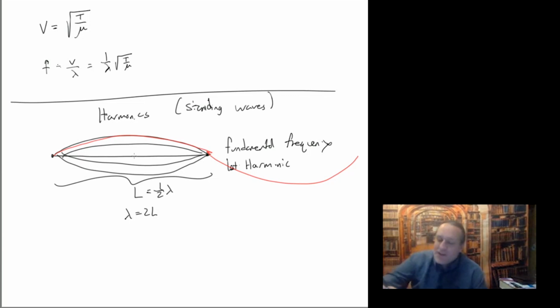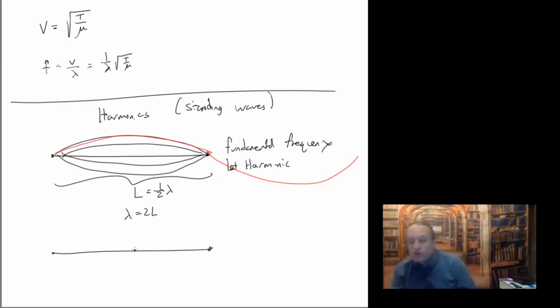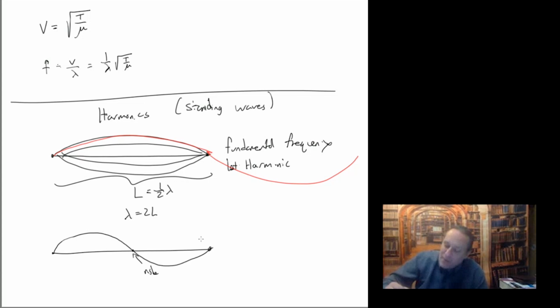If I hold the string in the middle, okay, if I have a string and I hold it in the middle, I touch it right in the middle and I pluck it right about there, then what happens is it forces there to be a node there. And so my wave does something like this.